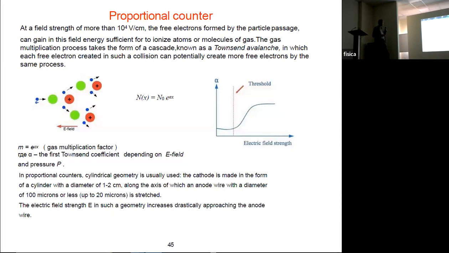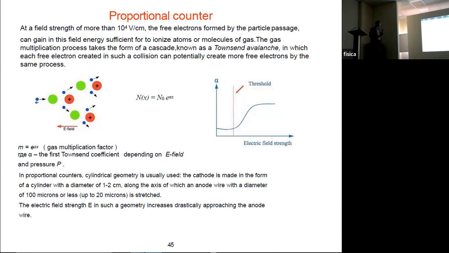Here is the initial number of electron-ion pairs, and this is the number of electrons after the initial electron passes some distance.